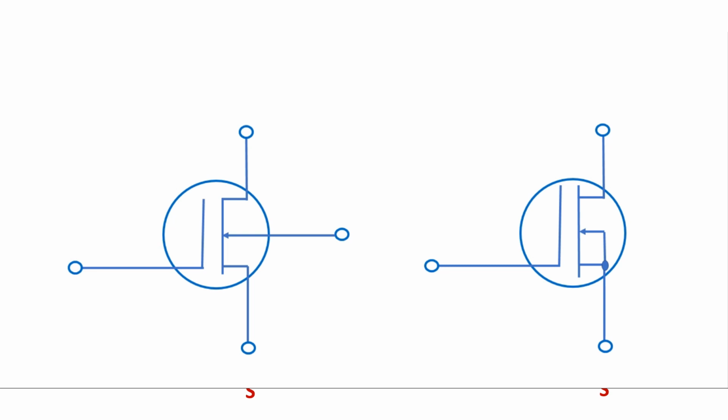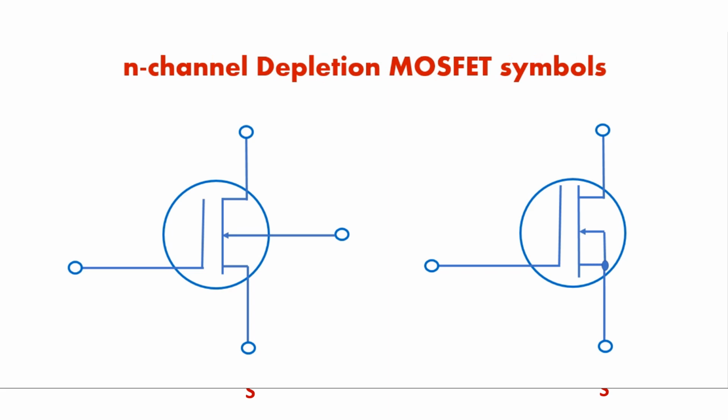Now let us look at the N-channel depletion MOSFET symbols. Here are the two figures of N-channel depletion MOSFET symbols. This is the first figure and this is the gate. This terminal is called the drain.